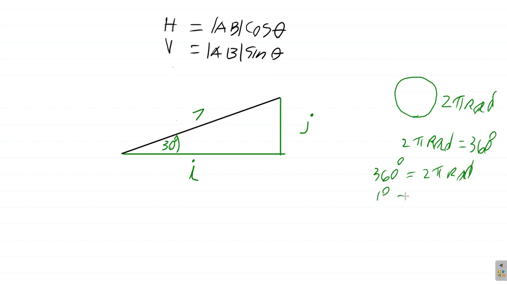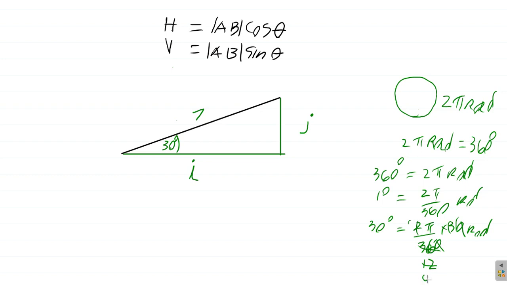So 1 degree equals 2 pi over 360 radians. So for 30 degrees, if you multiply both sides by 30, you have 2 pi over 360 times 30 radians. Cancel down: 3 into 3 is 1, 3 into 36 is 12, 2 into 2 is 1, 2 into 12 is 6.